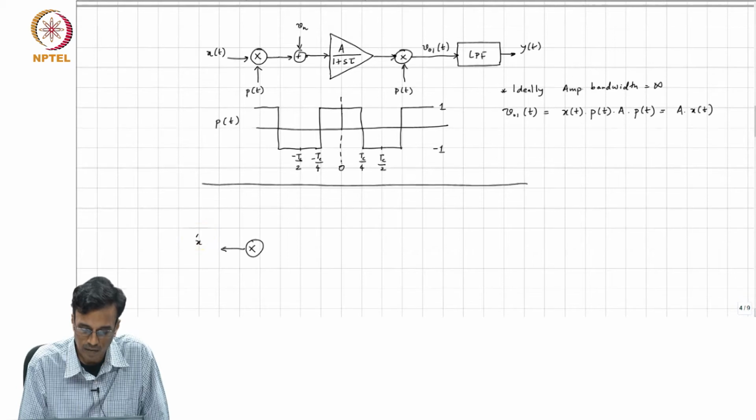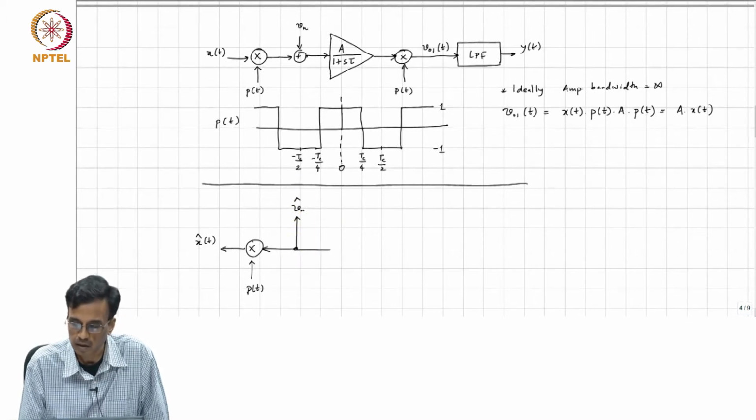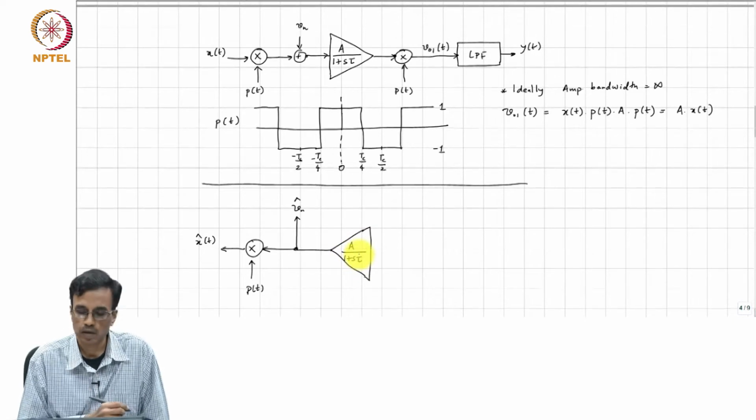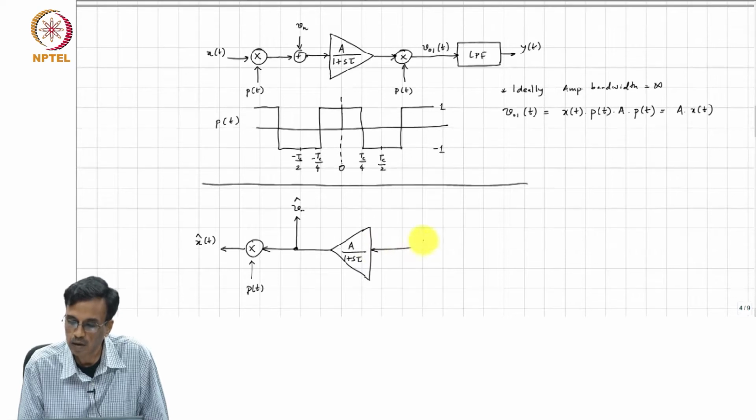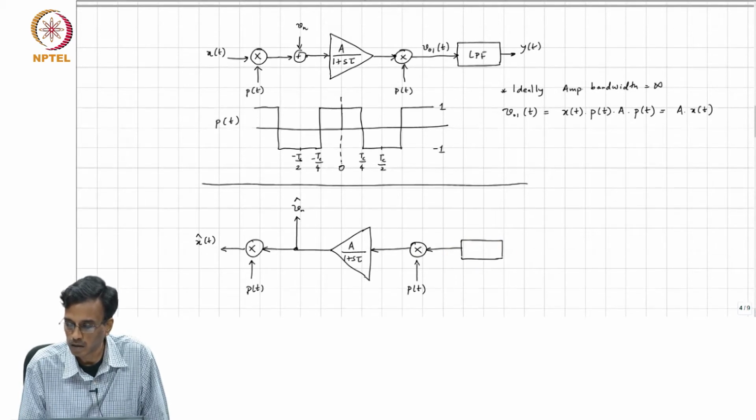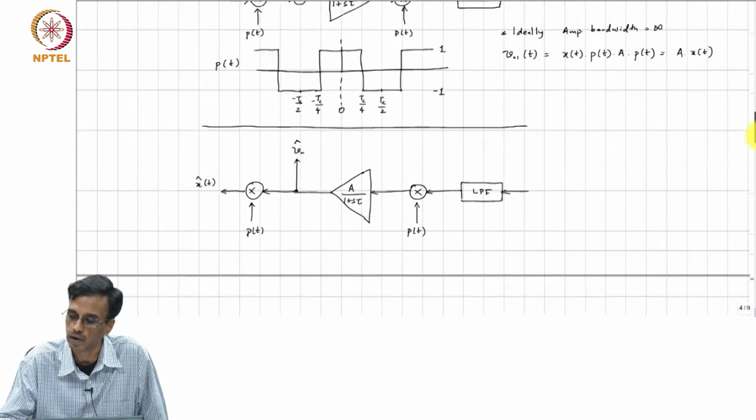So, this is x hat of t, this is p of t, this is v n hat, this is a by 1 plus s tau, this is p of t again, this is the low pass filter, this is y hat of t.